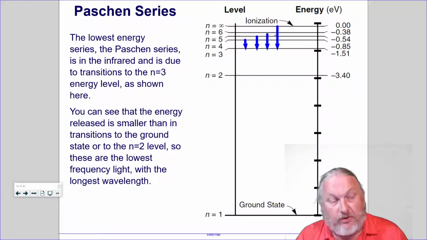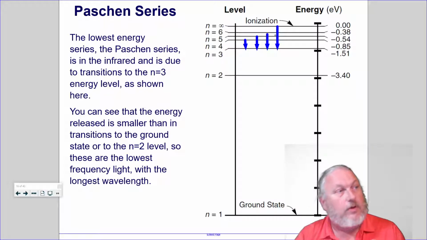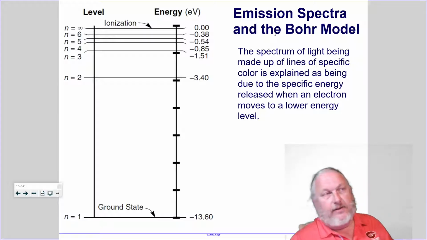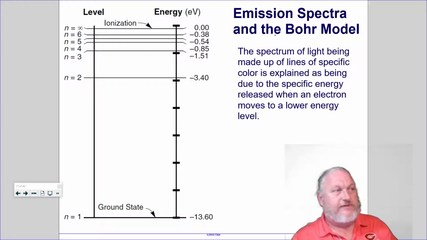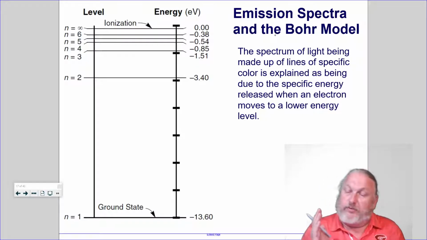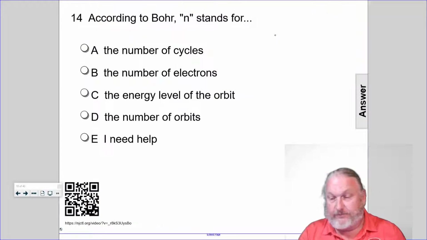So this is the lowest frequency of light, and it'll have the longest wavelength, which means we're in the infrared region. So the spectrum of light, being made up of lines of a specific color, is explained as being due to the release of the specific energy when that electron moves to a lower energy level.